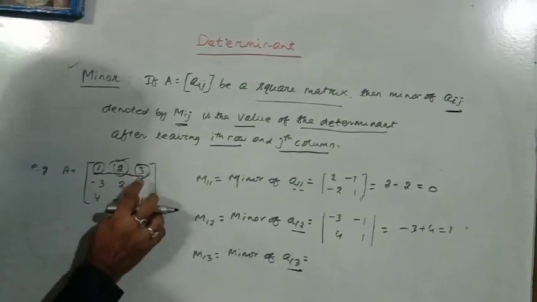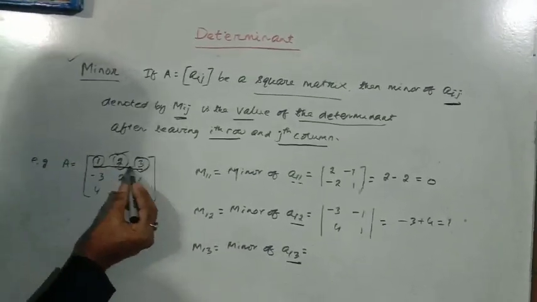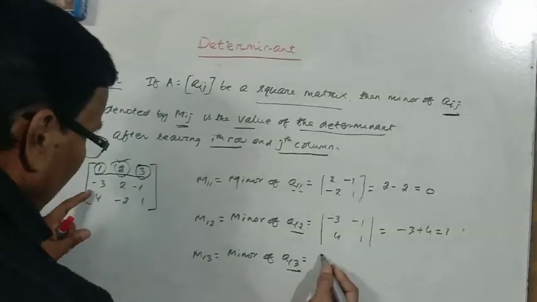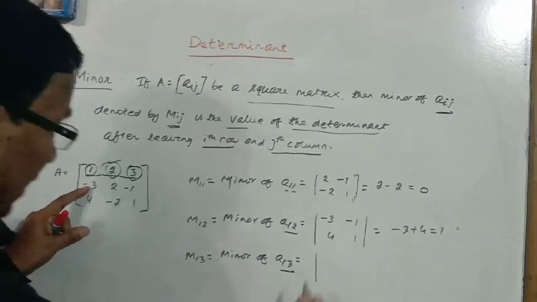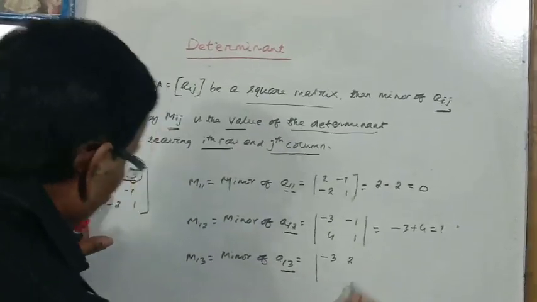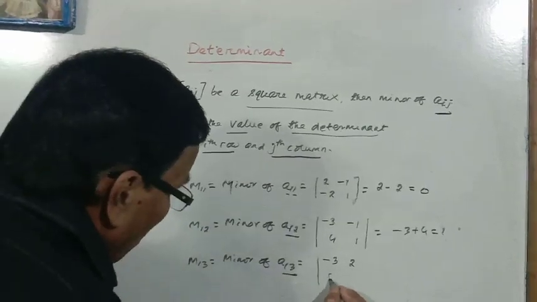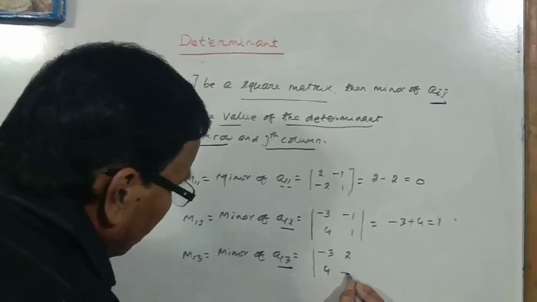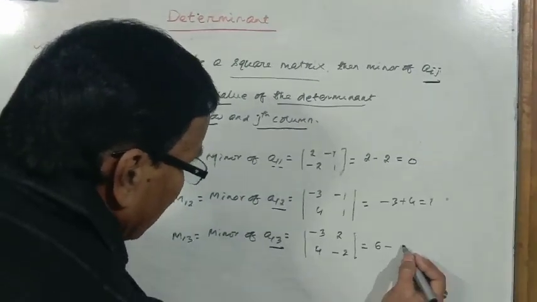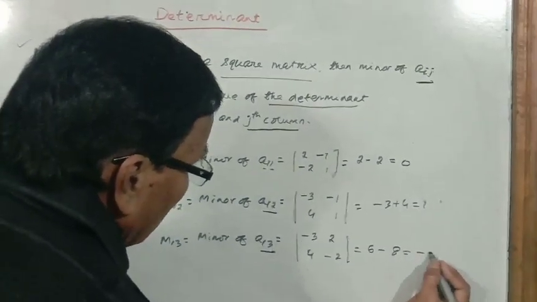In order to find the minor of 3, we have to omit the first row and third column. So we are getting the determinant of minus 3, 2, 4, minus 2. So that is equal to 6 minus 8, which is equal to minus 2.